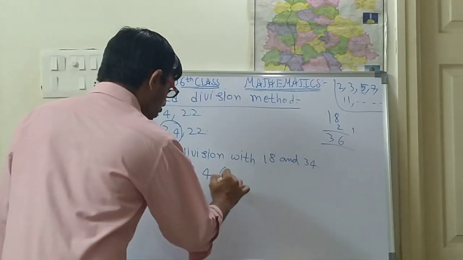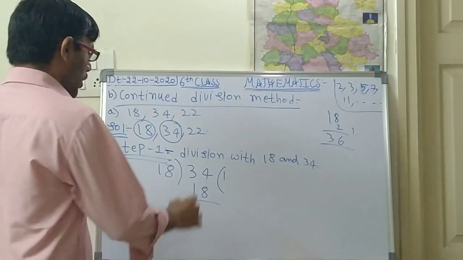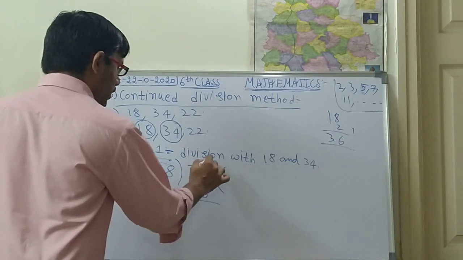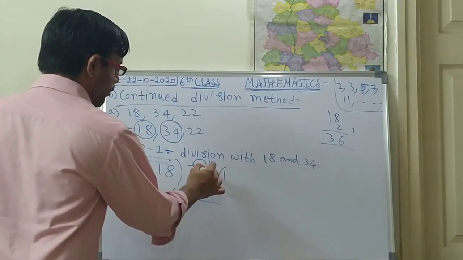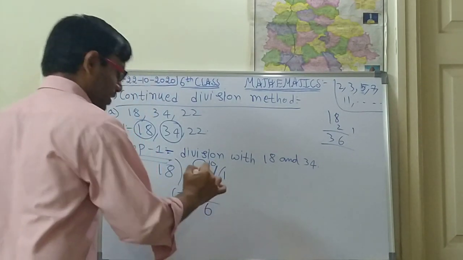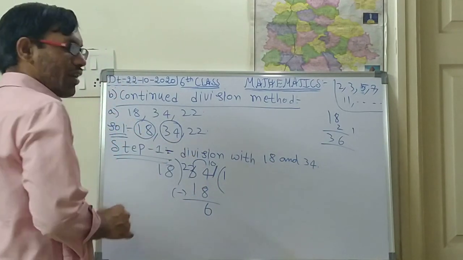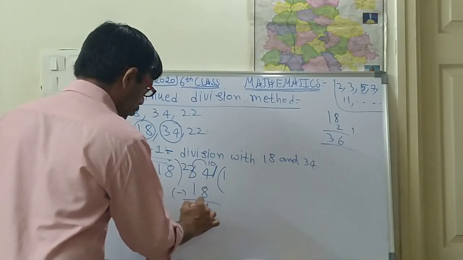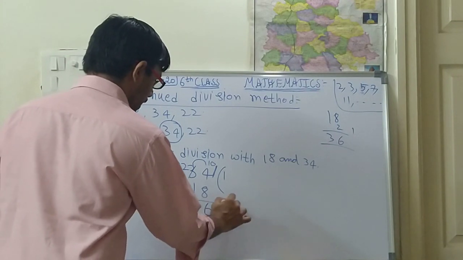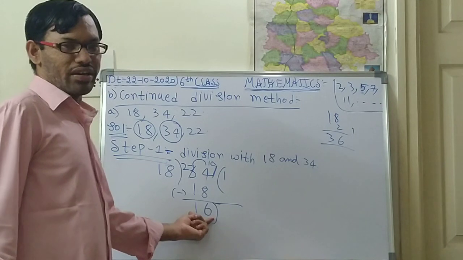So take 18 ones are 18. Now 34 minus 18: 4 minus 8 we can't do, so borrow 10. 10 plus 4 is 14, and 14 minus 8 is 6. Then 3 reduces to 2, and 2 minus 1 is 1. Is it right children?